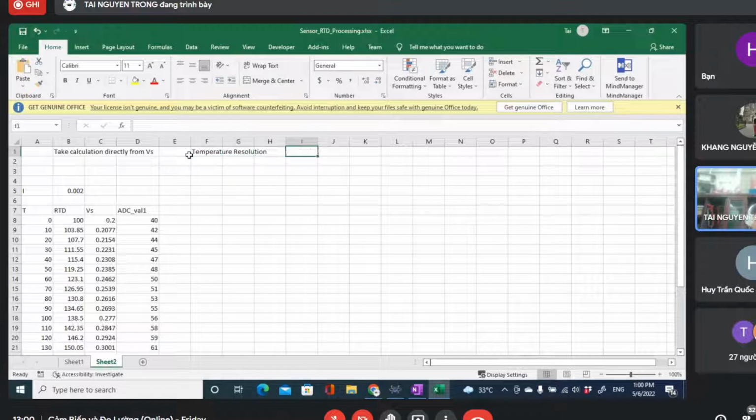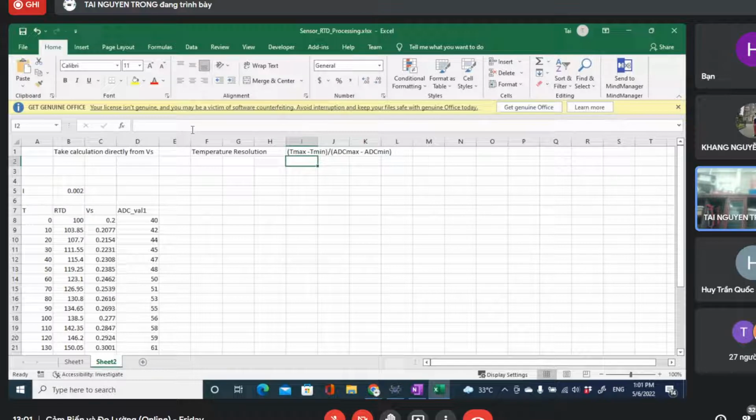Temperature resolution is equal to the temperature T max minus T min, divided by IDC max minus IDC min.